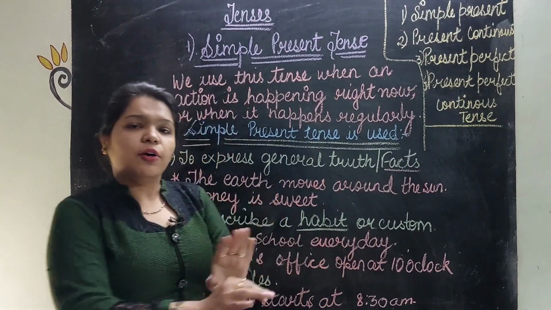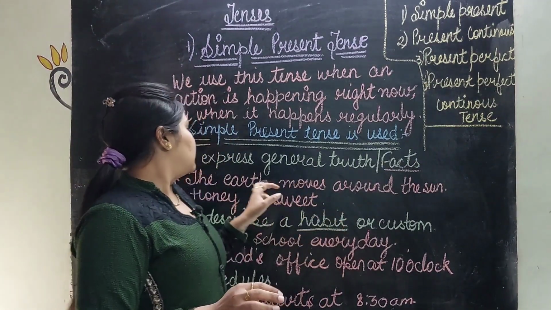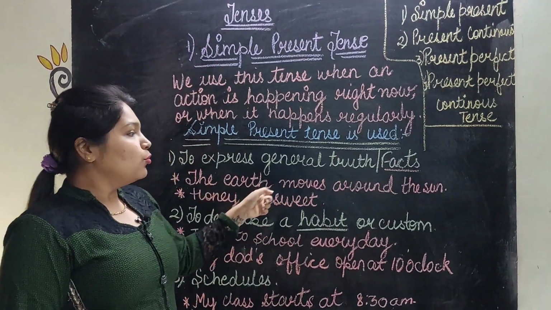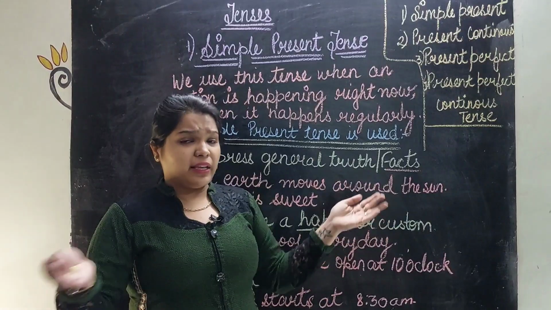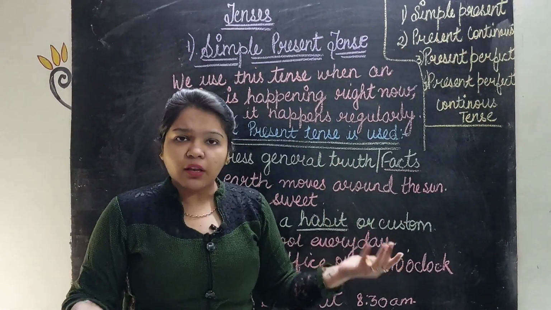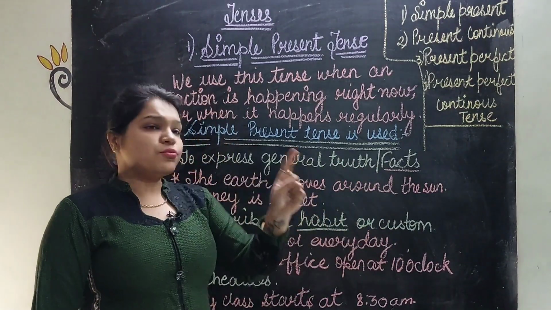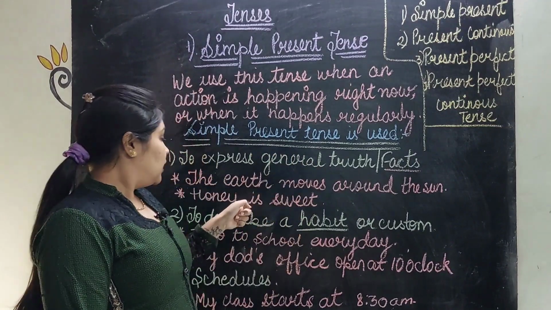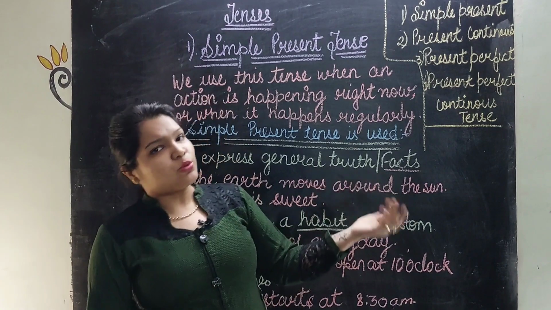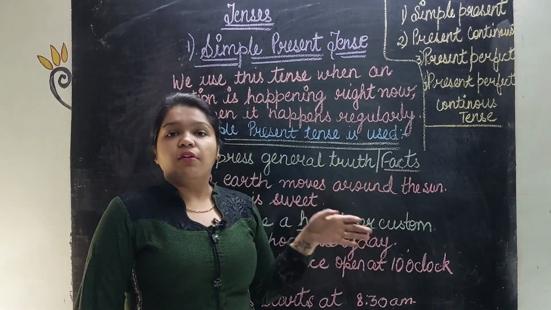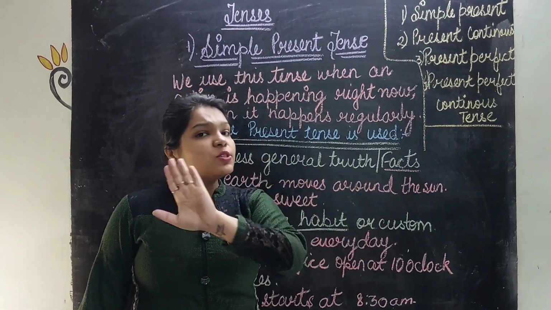Like, the earth moves around the sun. Can you change the situation? Can you make this thing reversible? No. The earth moves around the sun. Honey is sweet. Honey will always remain sweet. So this is the general truth which we cannot change.